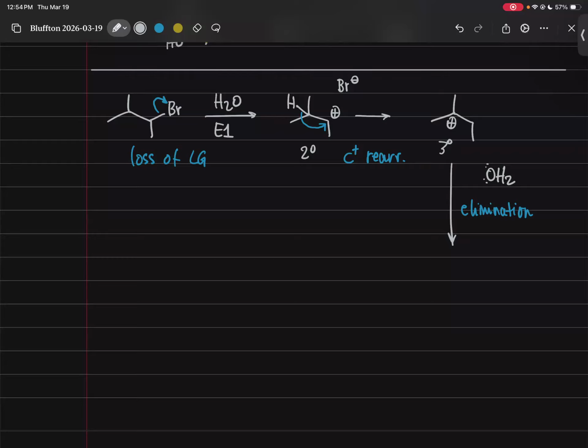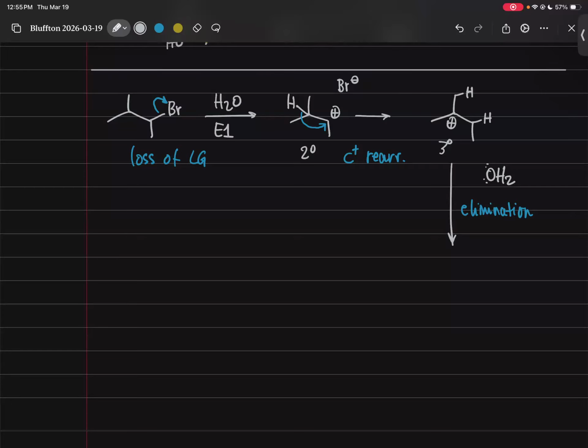We have two options for where to deprotonate. We can do it there or there. It has to be immediately adjacent to the carbocation, again, the new carbocation. And we're going to pick the one that will give us the more substituted double bond.